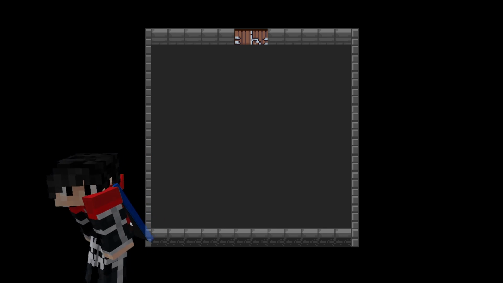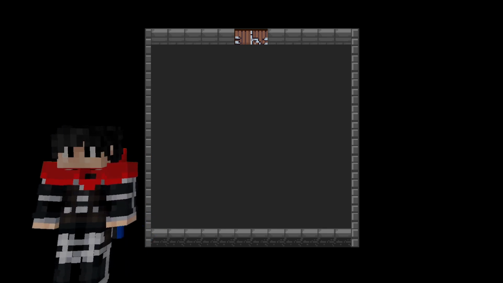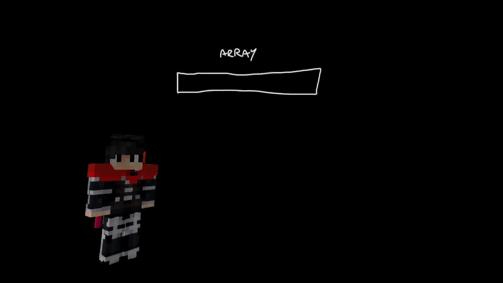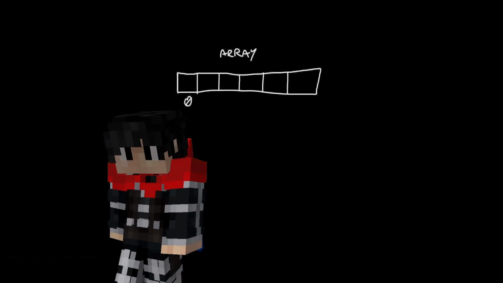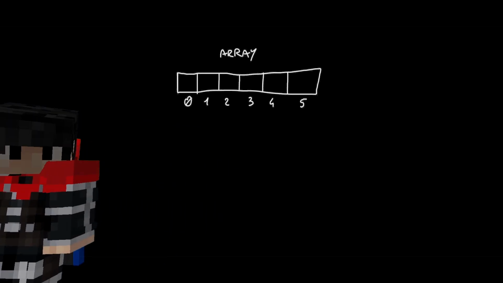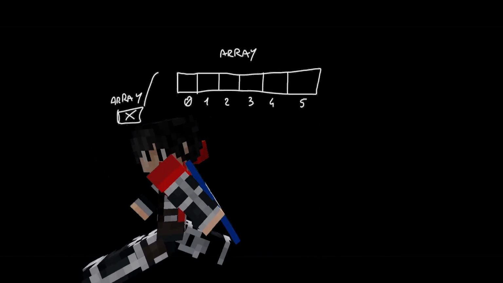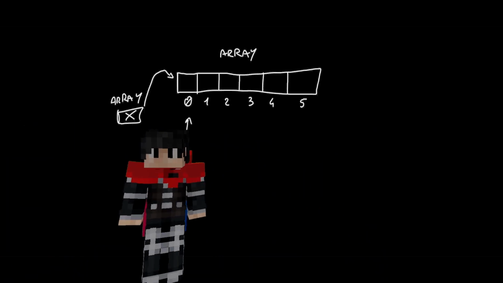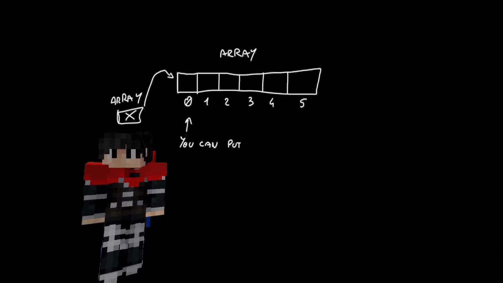I already explained in another video what a matrix is, but if you have not seen this video, don't worry, I'm going to explain a little bit what a matrix is. Essentially, in programming there is a thing called vector or array, which is a sequence of elements where you're going to put data inside.